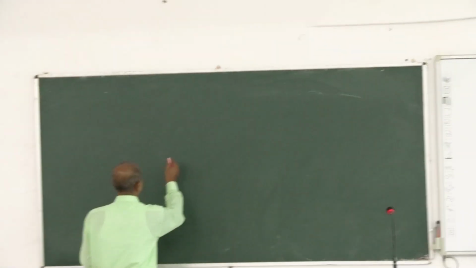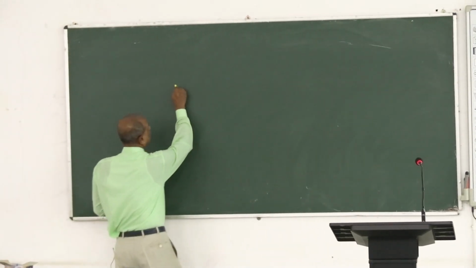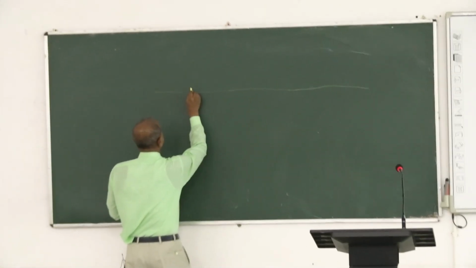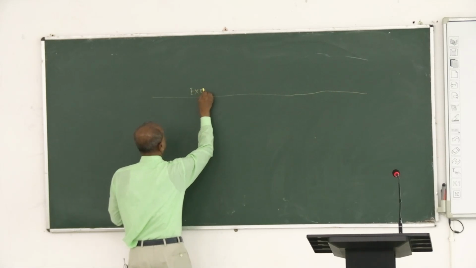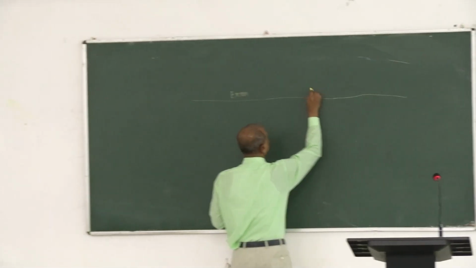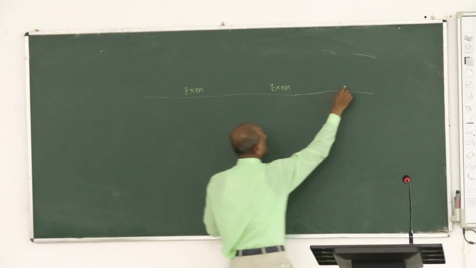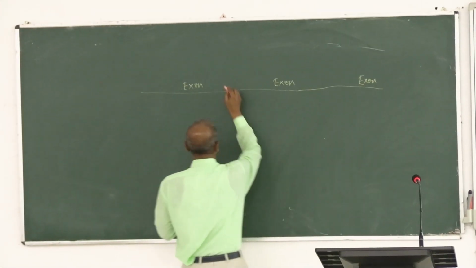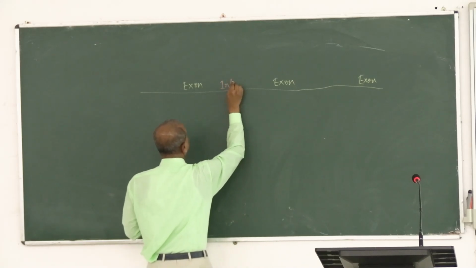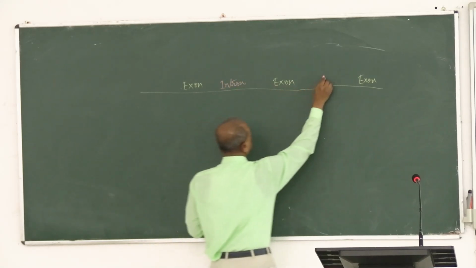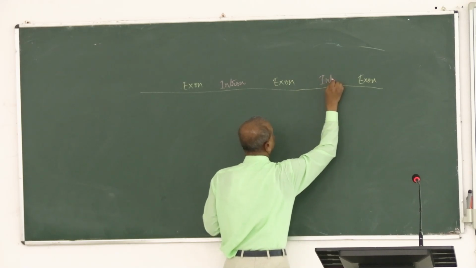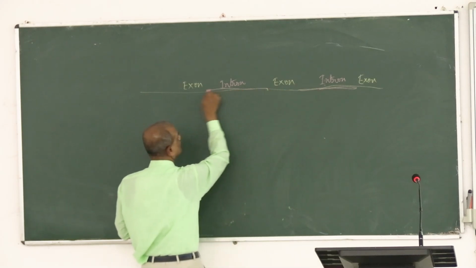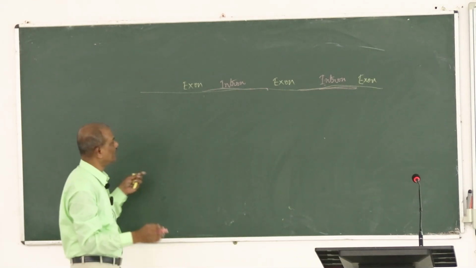So from the DNA molecule which is having both exon and the interfering part, basically intron, these are non-coding part, and this is called also junk element.